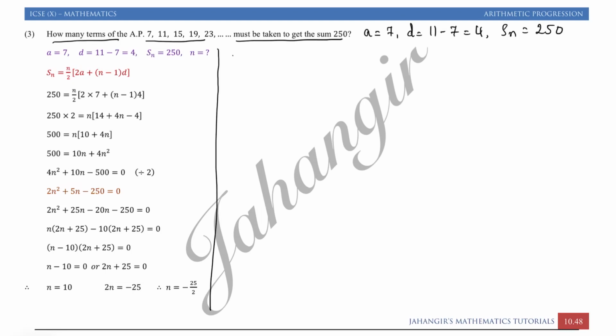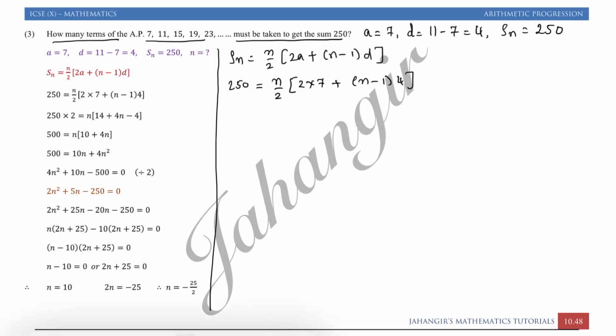So here I will just put the formula for Sn. Sn is equal to n by 2 into 2a plus (n minus 1) into d. So Sn is 250, sorry, is equal to n by 2. We need the n value. 2 into 7 plus (n minus 1) into d, the d value is 4. Bracket close.